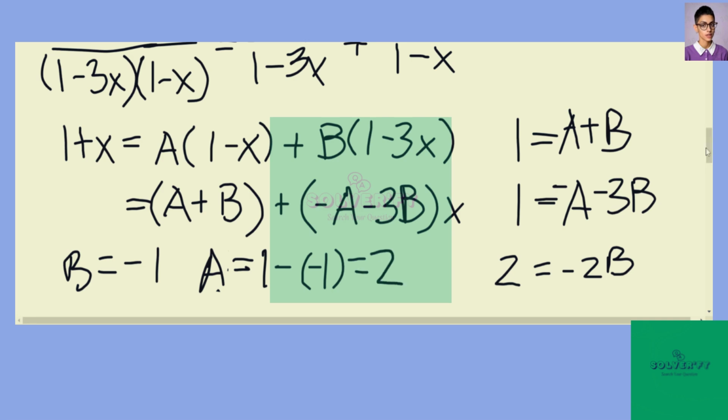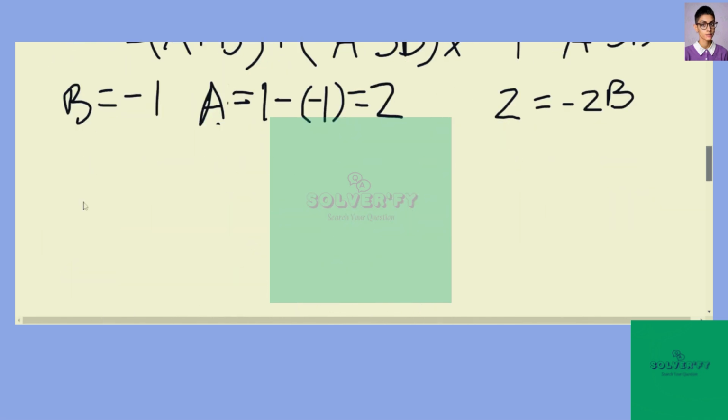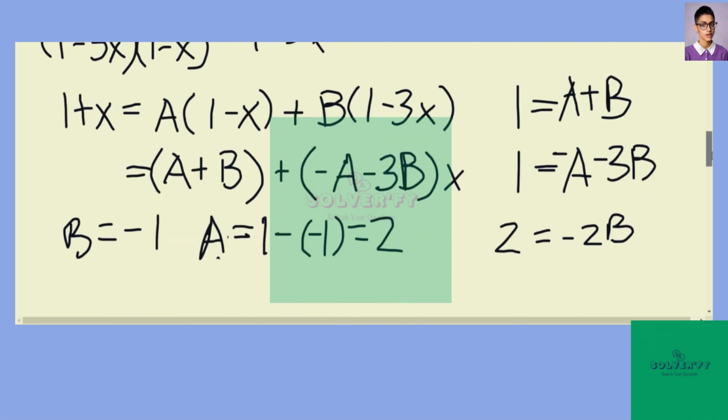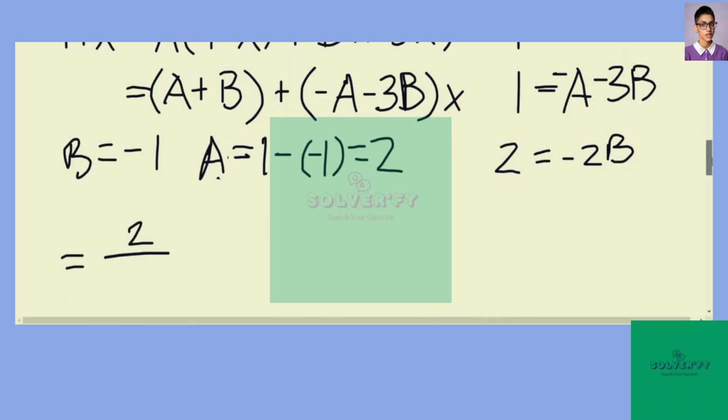And so we have that the partial fraction decomposition gives us that g(x) is going to be equal to 2 over 1 minus 3x minus 1 over 1 minus x.